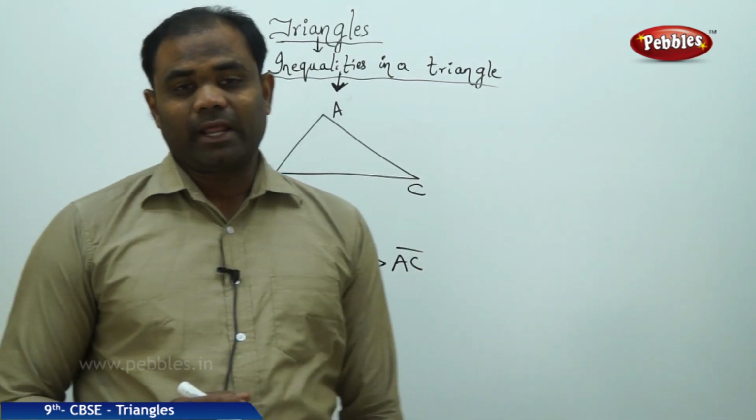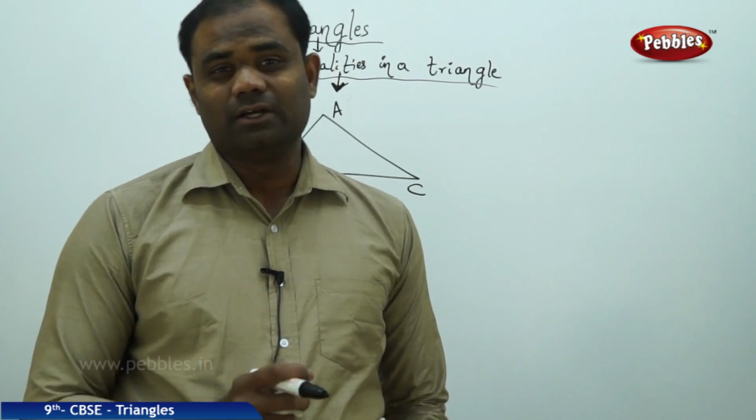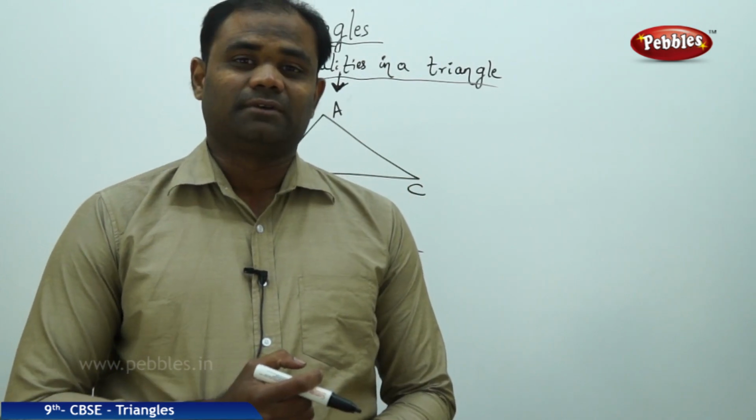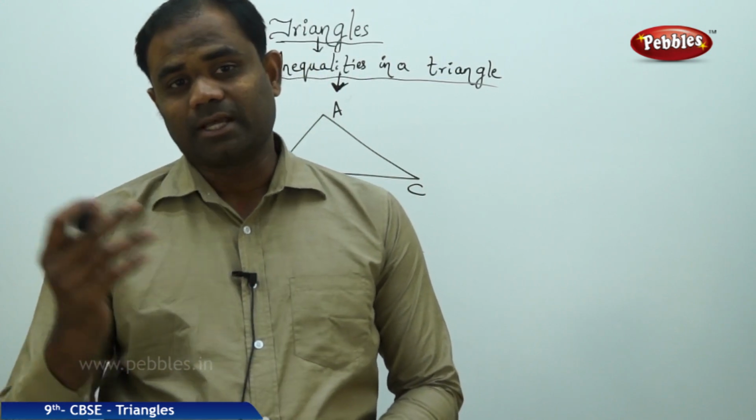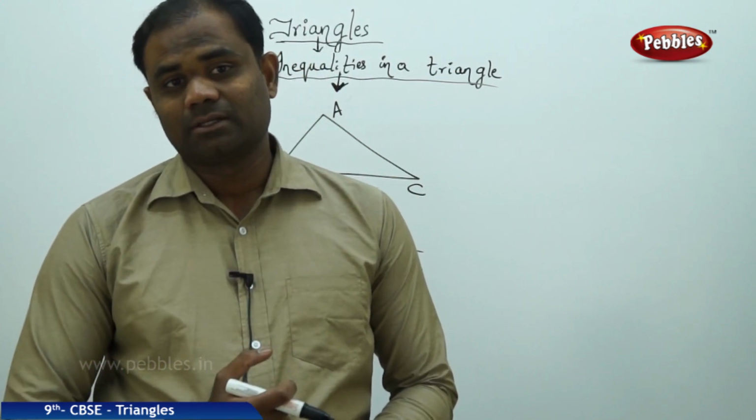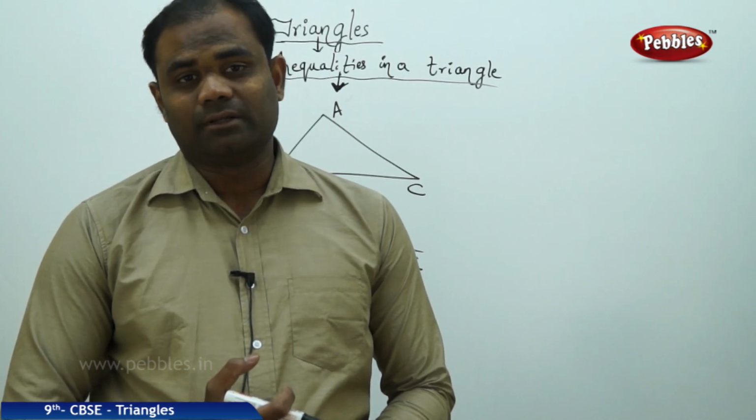Because for a closed three-sided figure to be formed, we need the condition that when you add two sides of a triangle, its third side must be less; it cannot be equal or greater than.